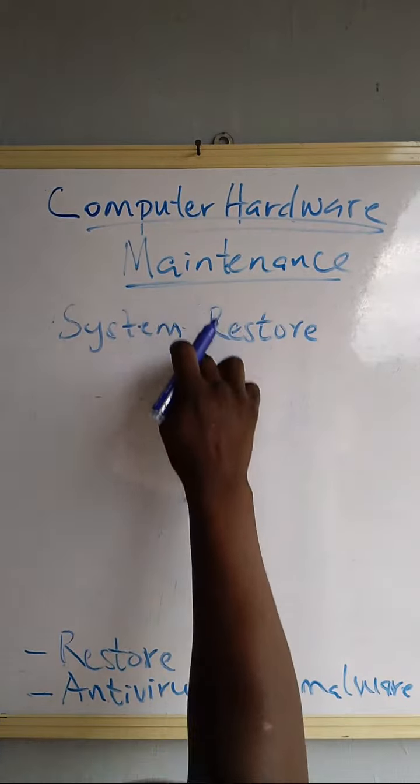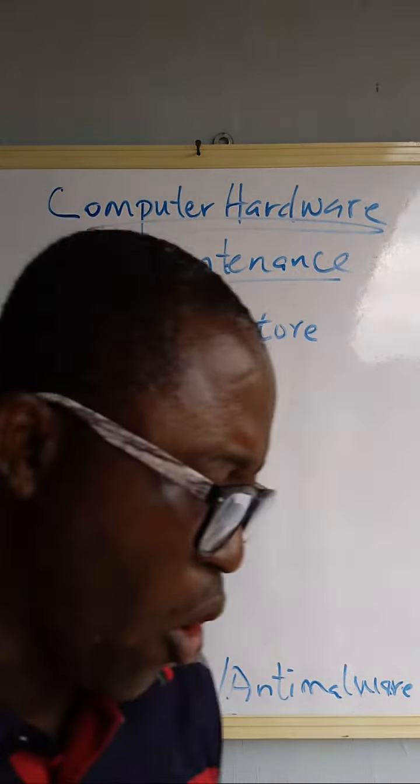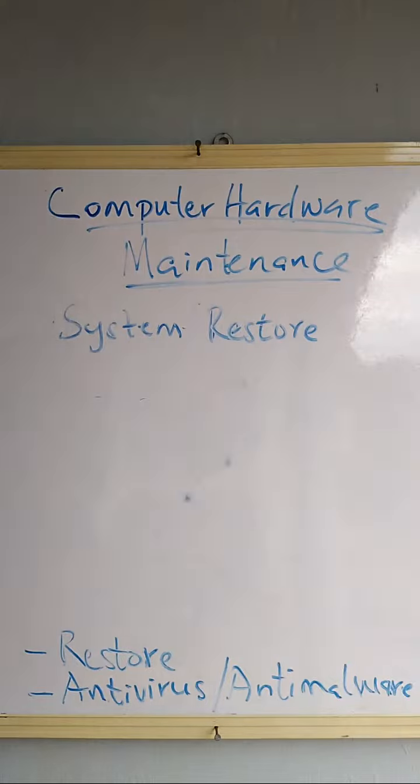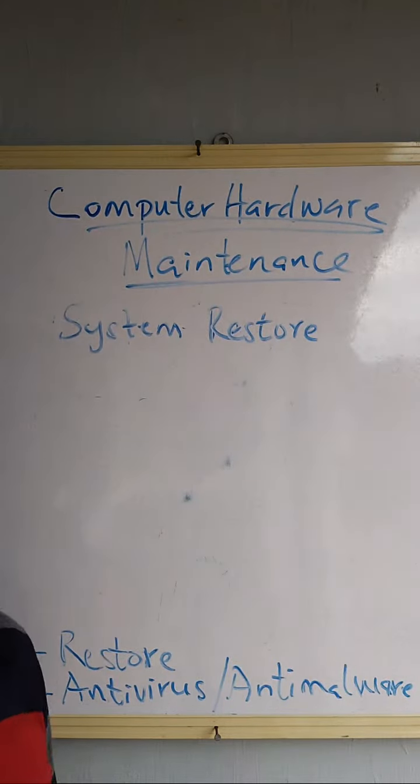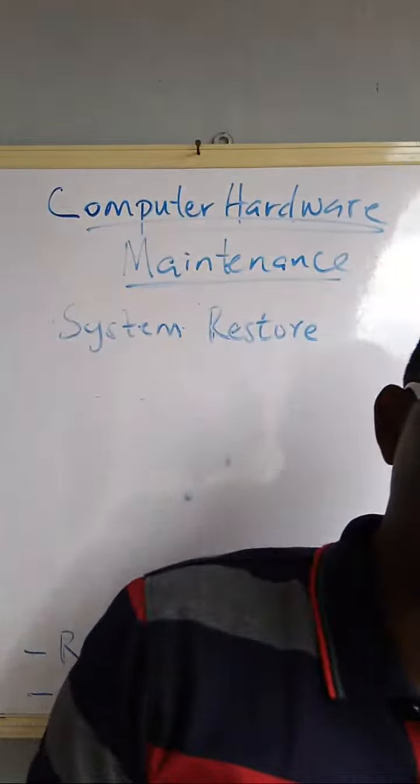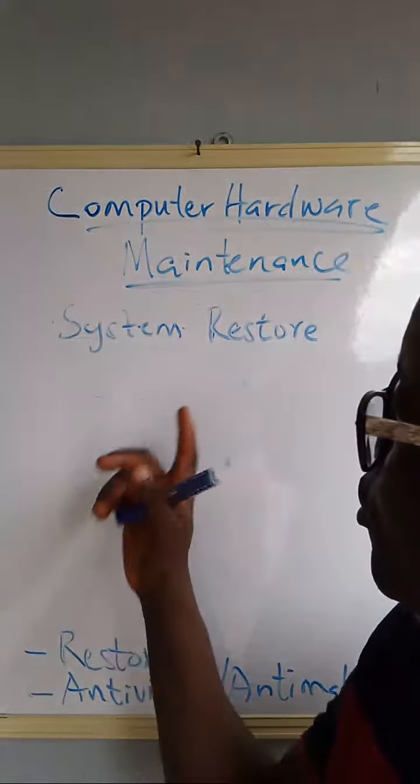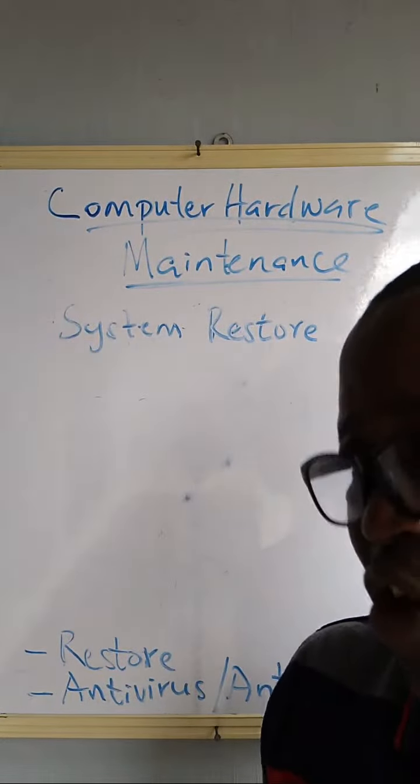System restore. For system restore, it's another trick that you carry out on the system using the operating system. You allow the operating system to carry out the trick for you, and then some error, some problem that your computer may have will be resolved.